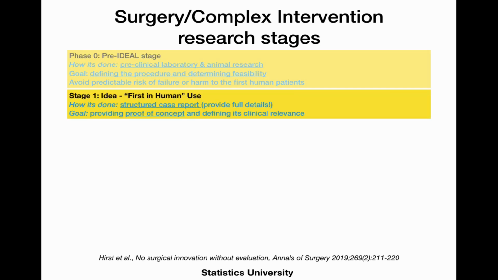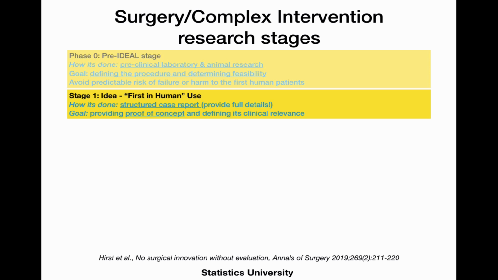Stage 1 is the idea first in human use stage, where structured case reports are published that provide full details on the innovative procedures. And the goal here is to provide a proof of concept and to define its clinical relevance. And it's important to also describe what doesn't work.